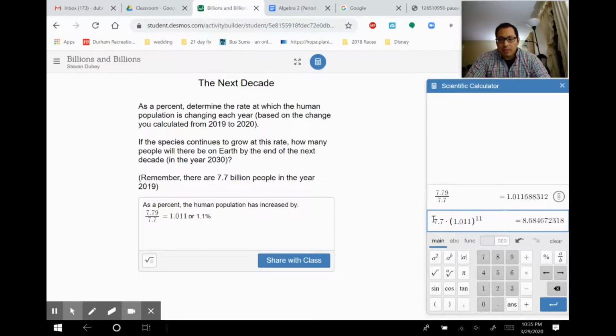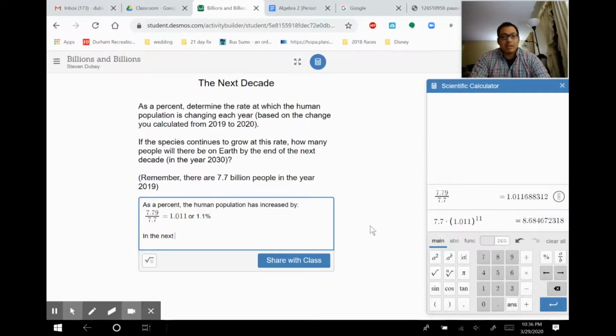We'll have 8.68 billion. Remember, the 7.7 was billion, so 8.68 billion if we keep increasing at this rate in the next 10 years. Let me write this.